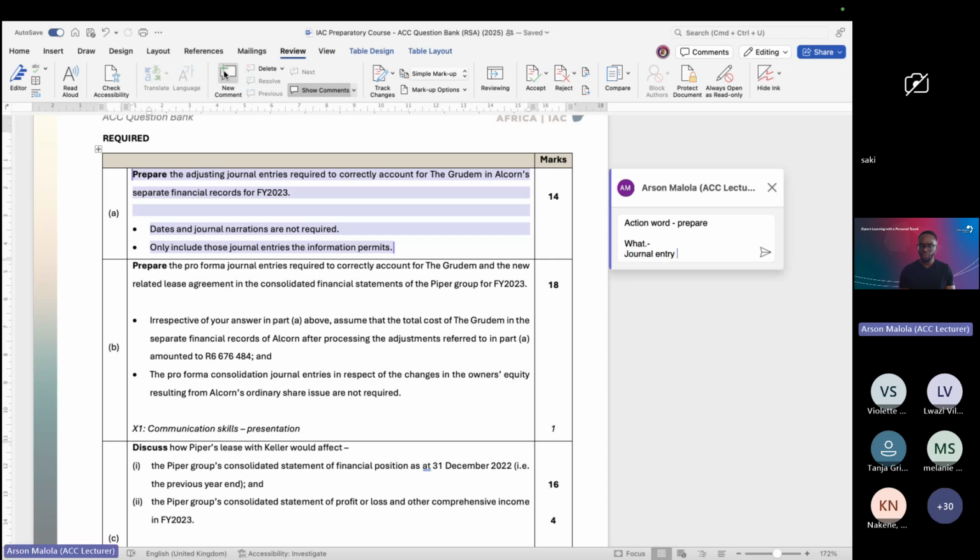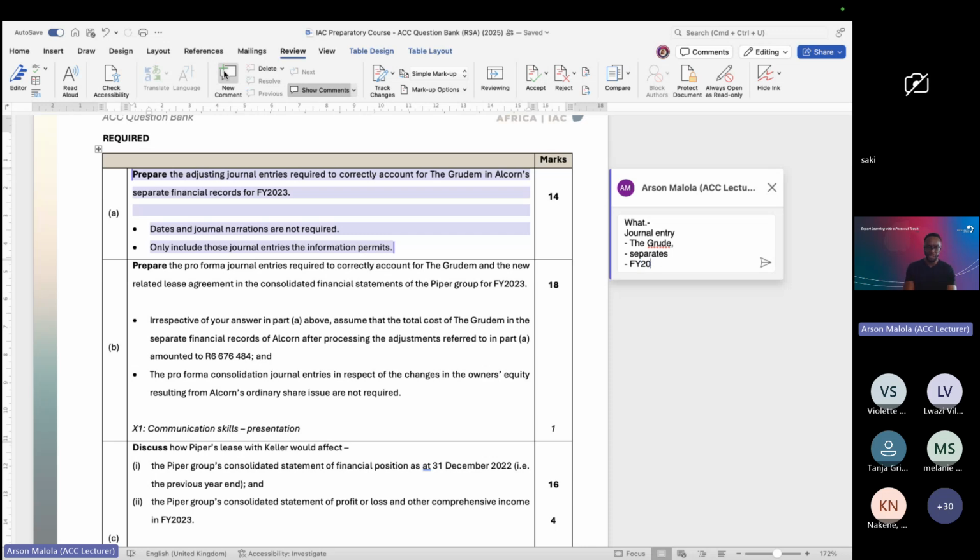But a journal entry of what? A lot of things become quite important in my particular fact pattern here, because it's just to account for the Grudem, right? And it's in the separate financials, and it's for financial year 2023.